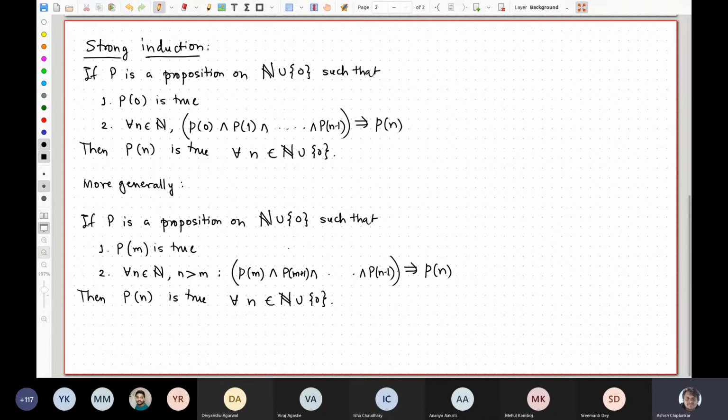Then Pn is true for all n. Let me change this to the set of integers. So P is a proposition on the set of integers, and P of n is true for all n in Z, n greater than or equal to m.